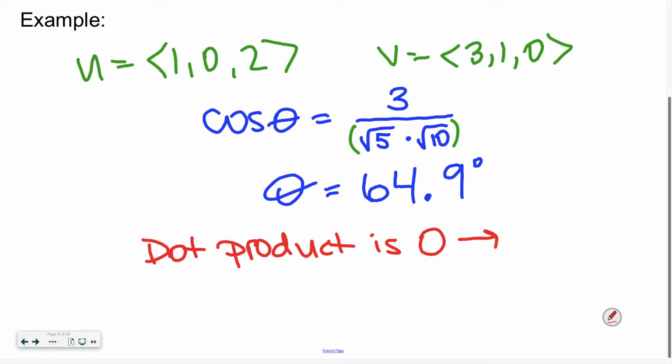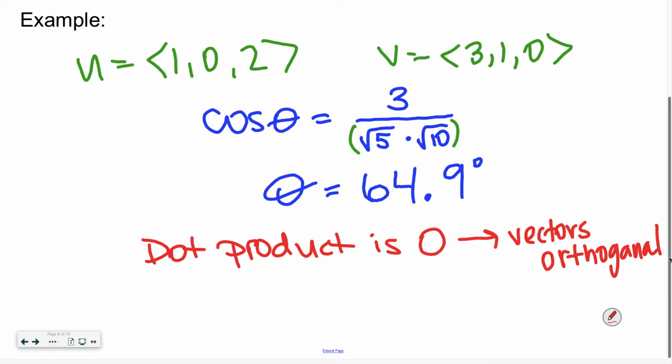The cosine of 90 degrees is 0, which means our vectors are orthogonal. So if the dot product is 0, you don't have to go any further. You know that we have orthogonal vectors. The angle is going to be 90 degrees.